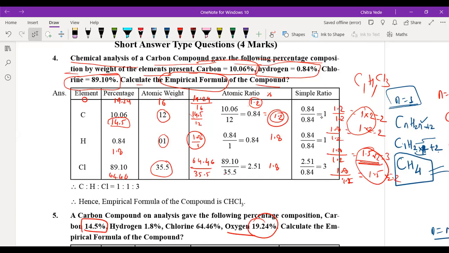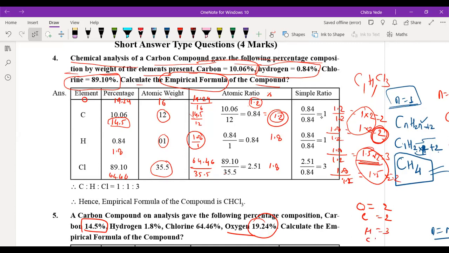So I'm writing here the ratio: oxygen 2 atoms, carbon 2. For the next one, 1.5 into 2 will be 3, so hydrogen will be 3.